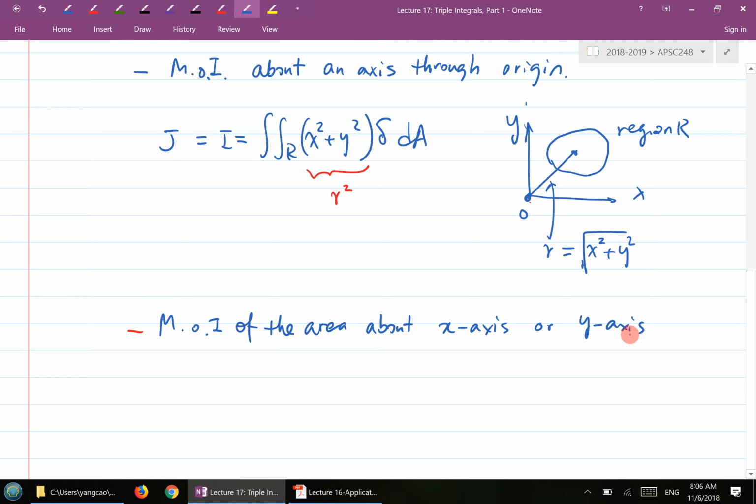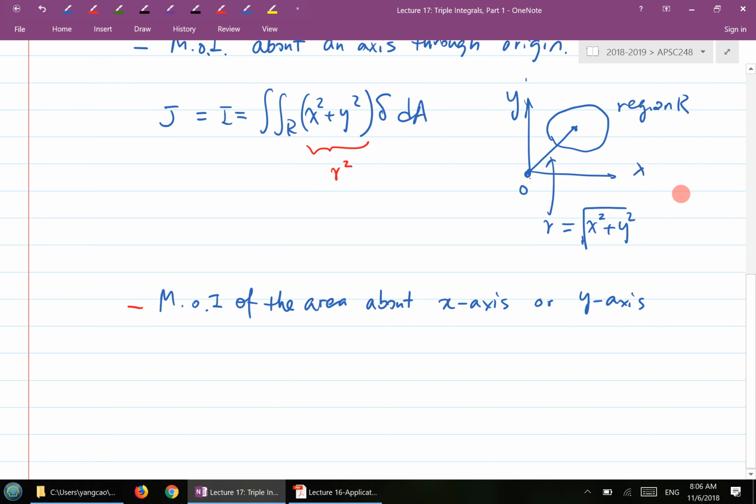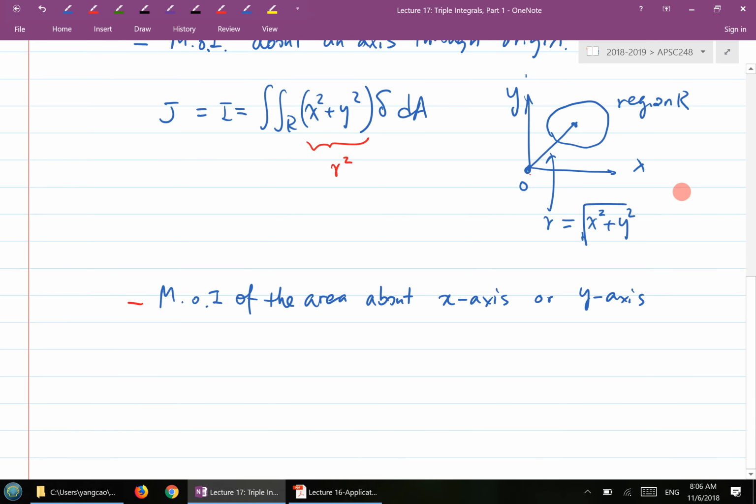So the rotation is about the x-axis now, or y-axis, instead of about the z-axis. And the formula is slightly different. You have Ix and Iy, notation-wise. Ix represents the moment of inertia of the area about the x-axis. Iy is the moment of inertia about the y-axis.